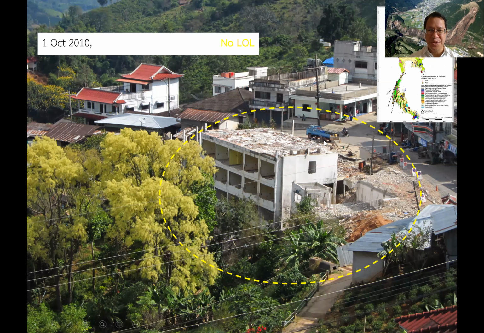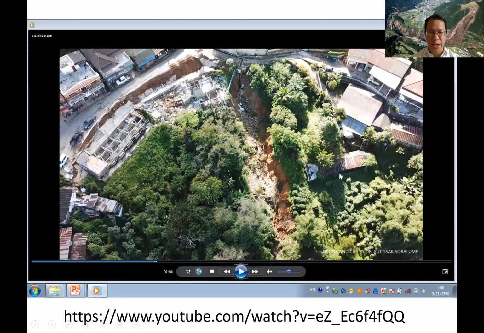After 20 years of service, one day heavy rainfall came and this hotel slowly moved down. When we look at the top view of this situation, this is the hotel that was already removed.